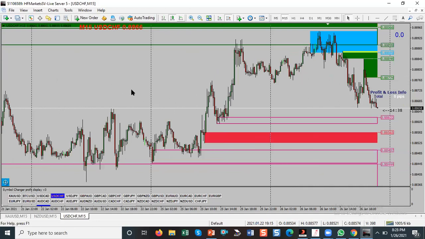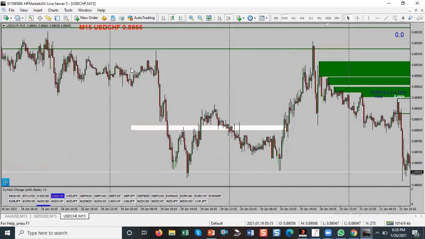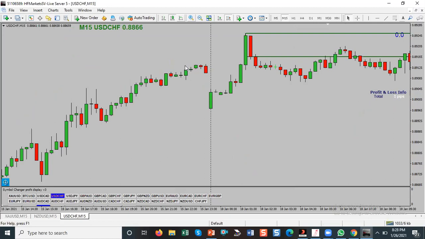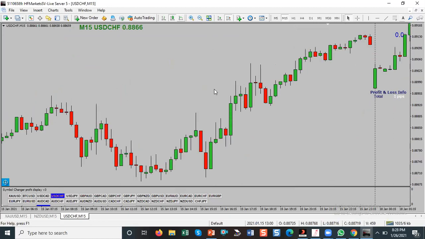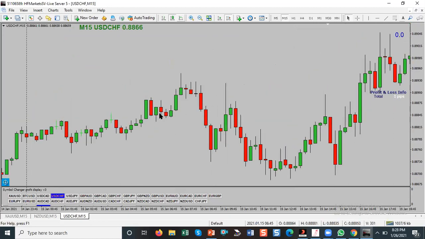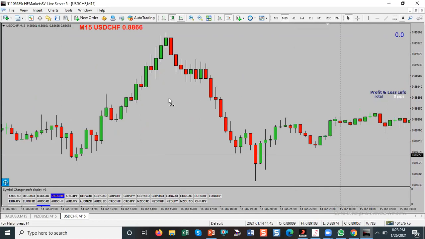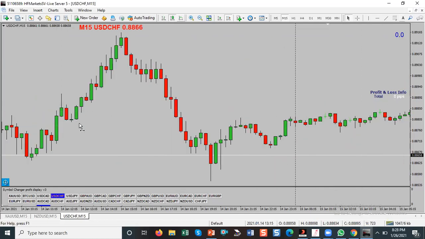Now, talking about some of the concepts I want us to look into, I want us to pay attention to them because we are going to use them when we'll be trading the strategy. So the first one I want to talk about is an order block. I'll just mark it for you. An order block.